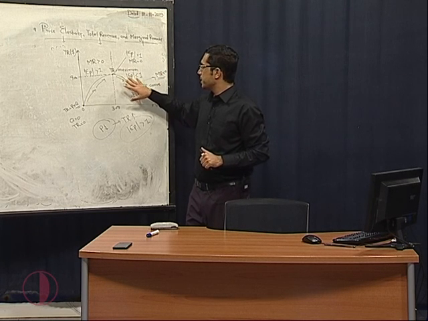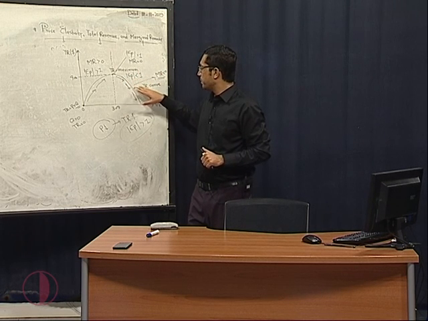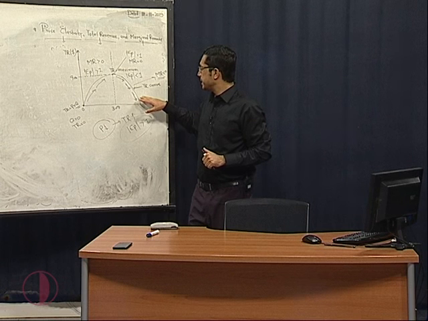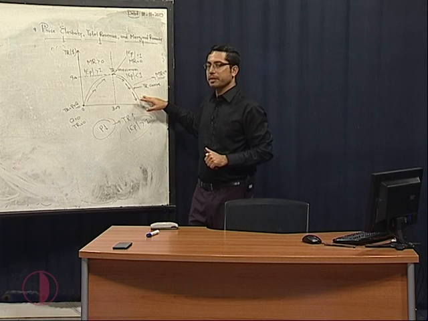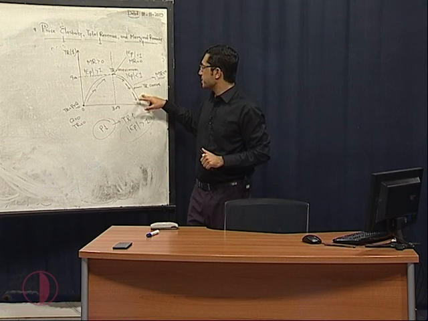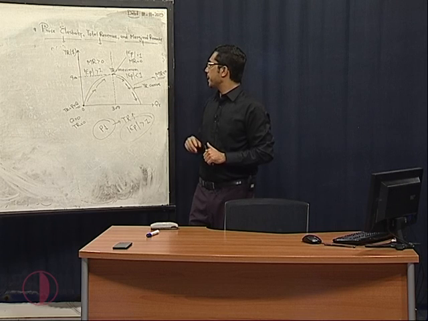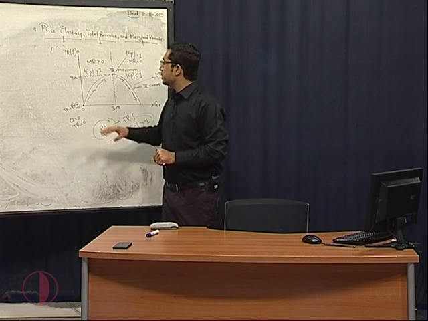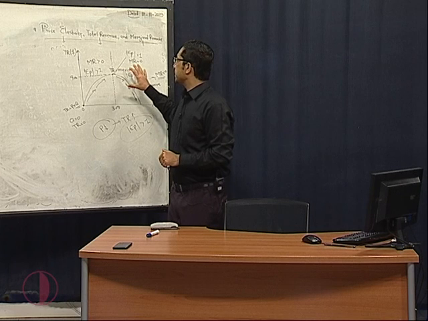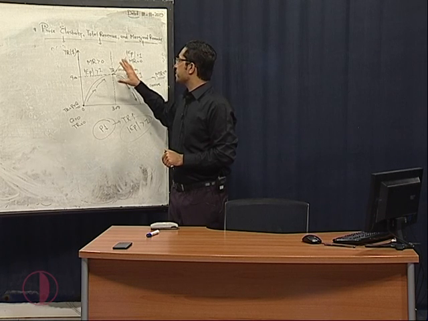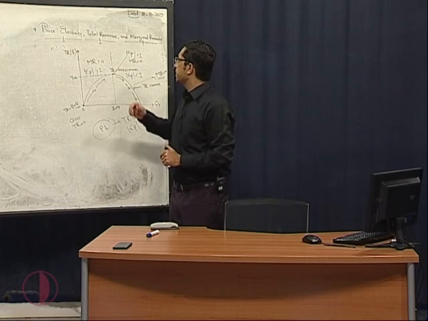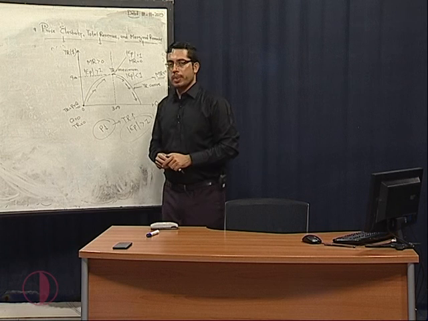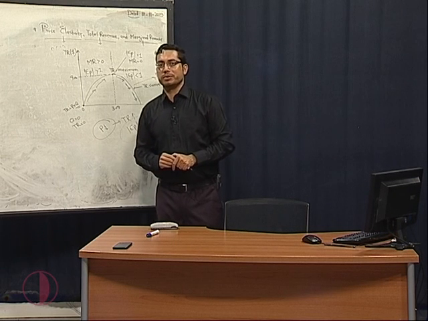In this region the total revenue of the firm decreases as the demand for his product is inelastic. So, in this region marginal revenue is less than 0. So, this was the important relationship among price elasticity of demand, total revenue and marginal revenue of the firm.